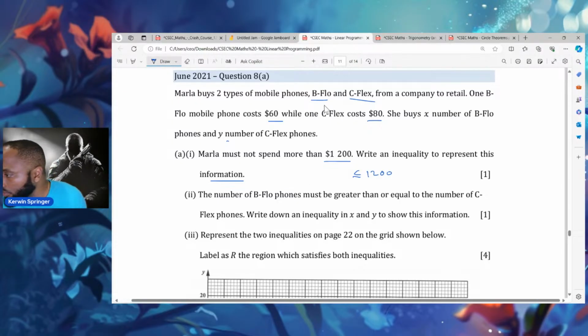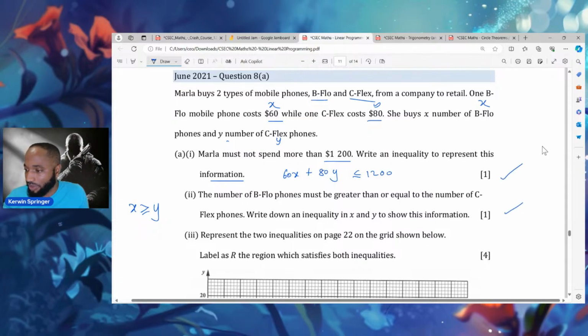The B flow is the X and the C flex is the Y. So 60 times X plus 80 times Y must be less than or equal to 1,200. The number of B flow phones must be greater than or equal to the number of C flex phones. B flow is X, C flex is Y. So X is greater than or equal to Y.